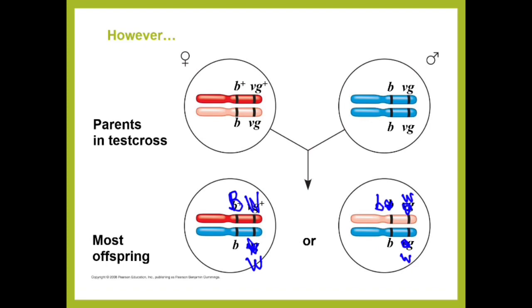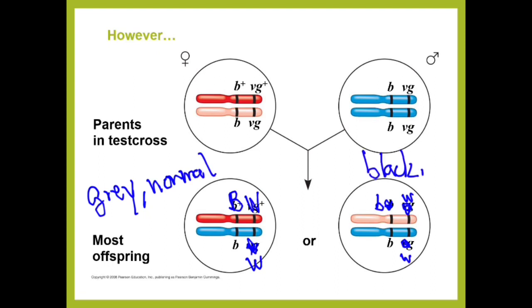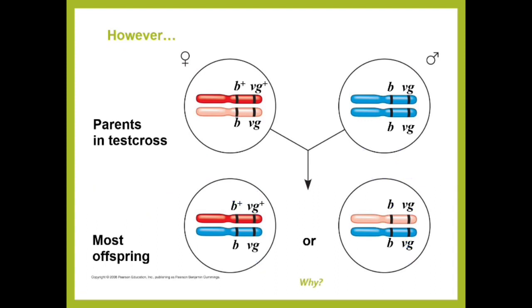Remember, my parents were either gray with normal wings or they were black with vestigial wings. We're not seeing that equal distribution of the four genotypes. So the question is, why is that the case?